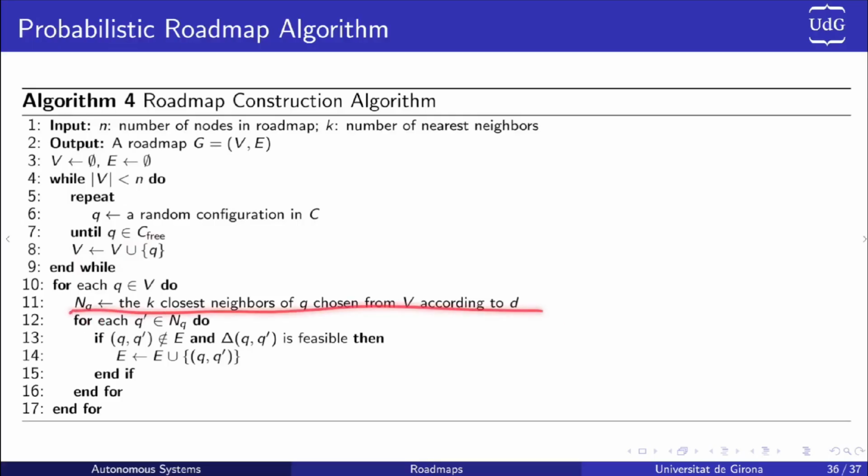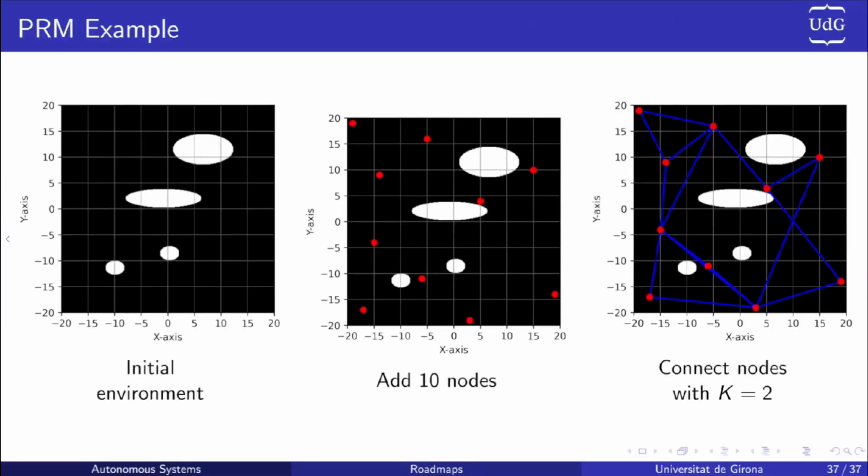As I told you, if we use KD trees or things like that, I don't know if you are familiar with these structures, it's a fast process. Then for each one, we try using a local planner to connect. If the connection is feasible, we add the edge. If not, we don't add the edge. And then let's see if our roadmap is connected or not. These are the steps.